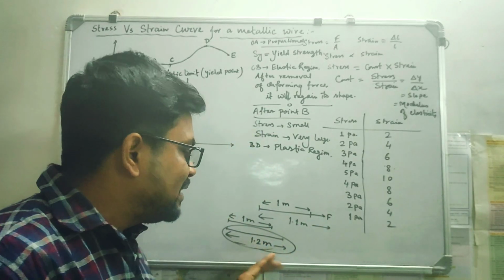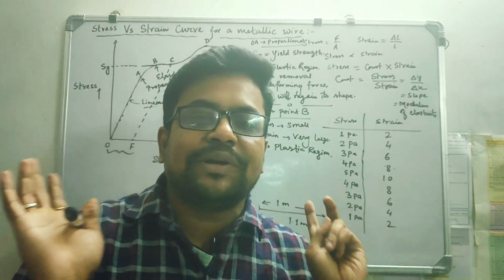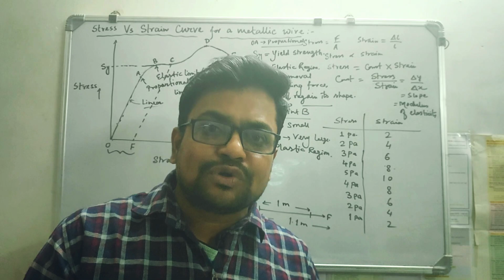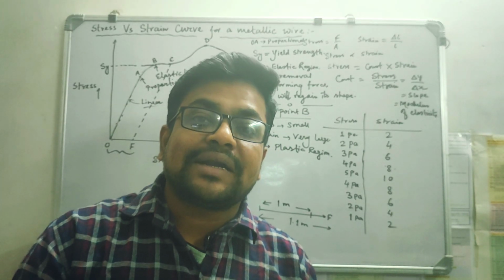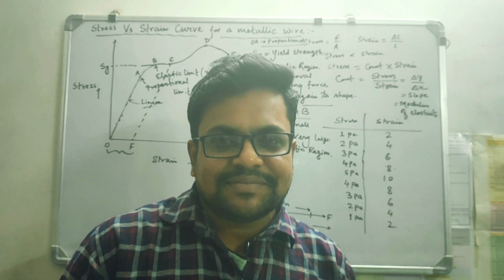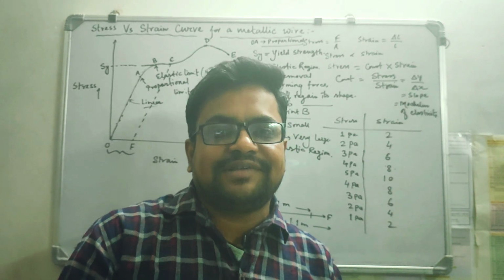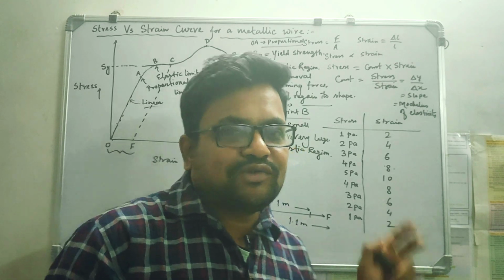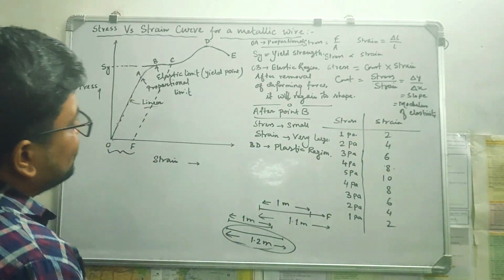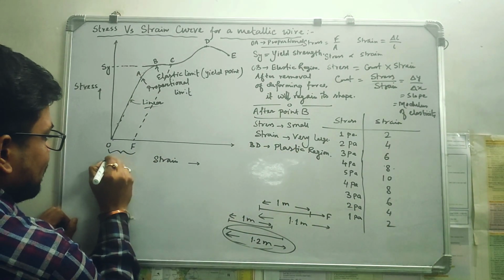Now the length of the wire has become permanently 1.2 meters. Even though I am not applying any force, the wire length is 1.2. That means a permanent change happens when we cross the elastic limit. This is known as permanent set.